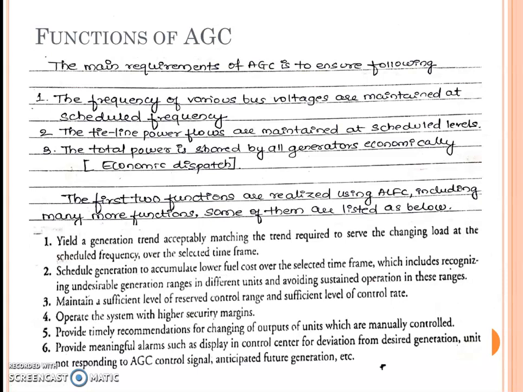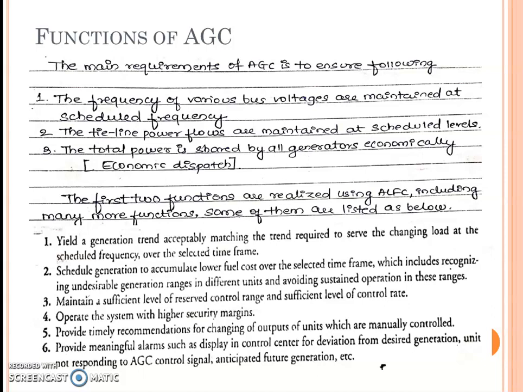Next comes the topic on the function of automatic generation control. What is the function of automatic generation control? Here, the main requirement of the automatic generation control is to ensure the following things. First, the frequency at various buses is maintained at a scheduled frequency.